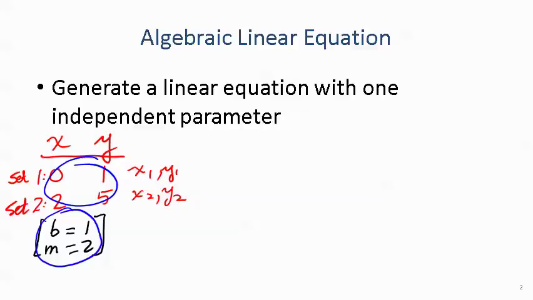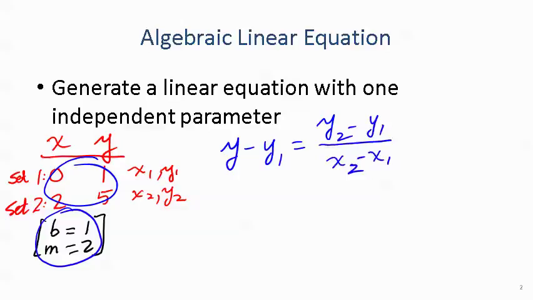The equation for a line given these 2 sets of points is the following: y minus y1 is equal to y2 minus y1 over x2 minus x1 times x minus x1.